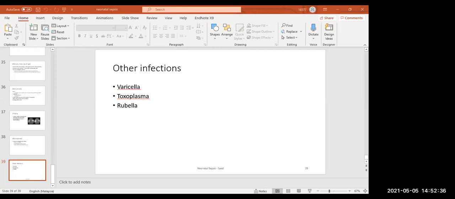If you have a high degree of suspicion that this is herpes, then you do a lumbar puncture and send PCR from the CSF, or you send blood PCR. But it is specific for a specific organism. For example, if you think this is a respiratory virus, then you can send PCR for respiratory viruses.